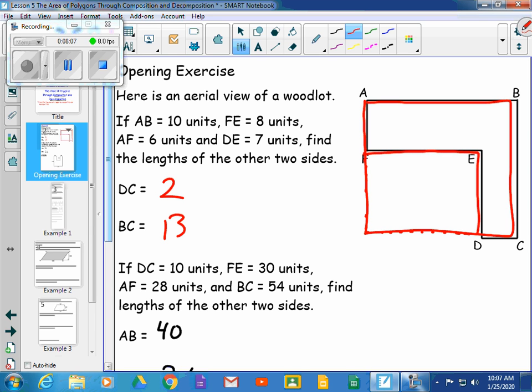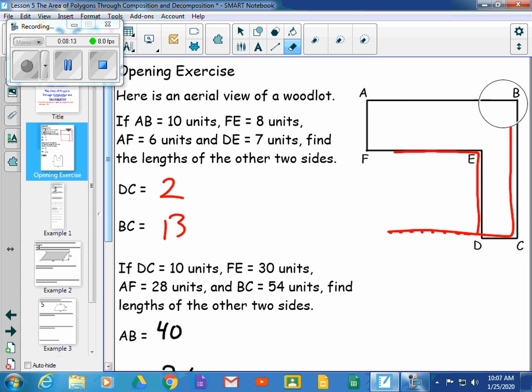Then you can use those pieces of information about rectangles that you know to find the missing dimensions as well. If one method doesn't work, try others. Try splitting it up in different ways in order to find the missing dimensions.